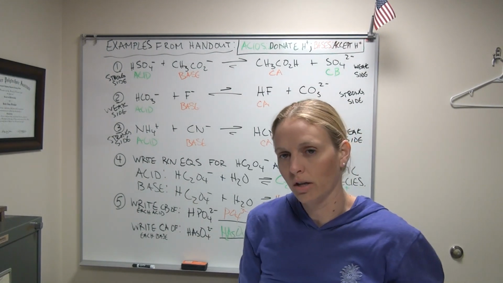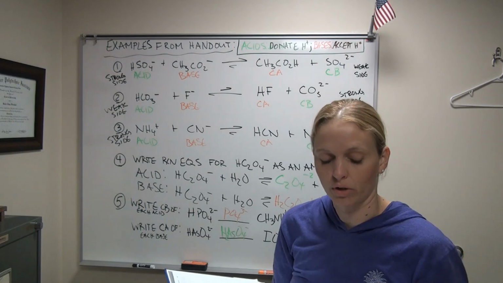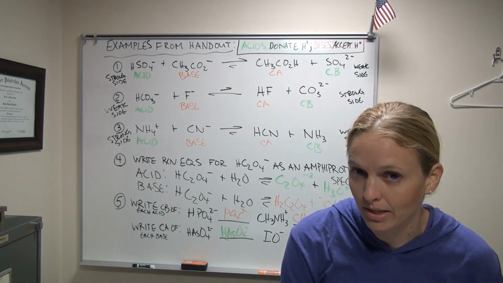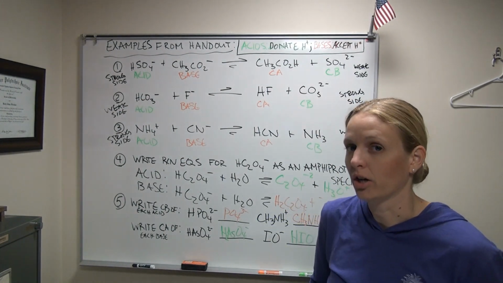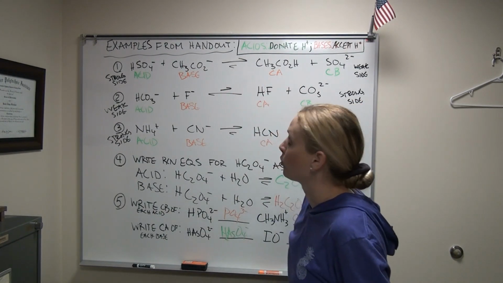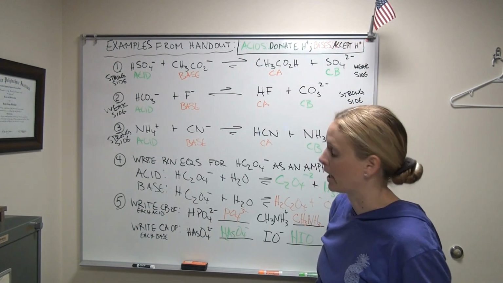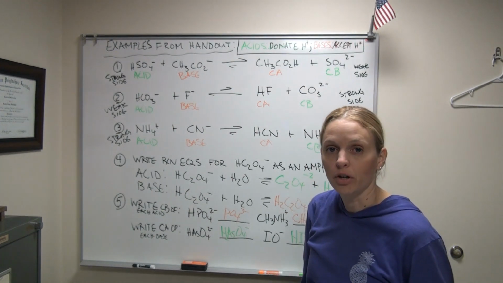It ranks all of the species and their acid strength or base strength. Again, strong acids have weak conjugate bases and strong bases have weak conjugate acids. Some of these are both weak species, and you don't know which one is stronger or weaker than the other. You can use that table to rank them and figure out the acid strength.